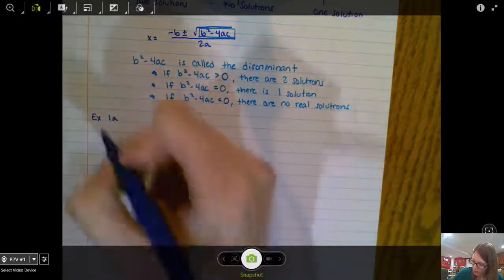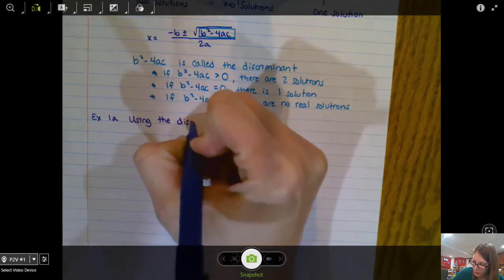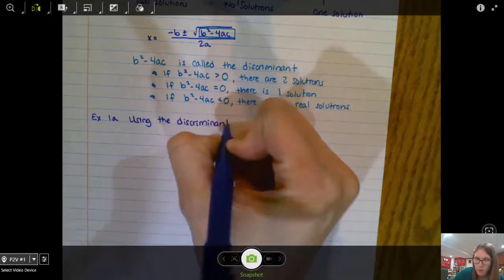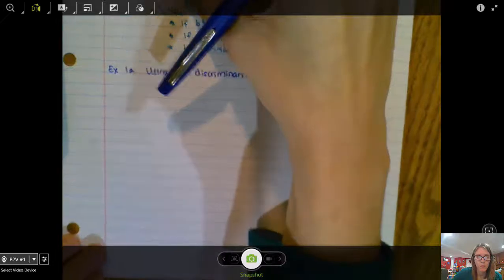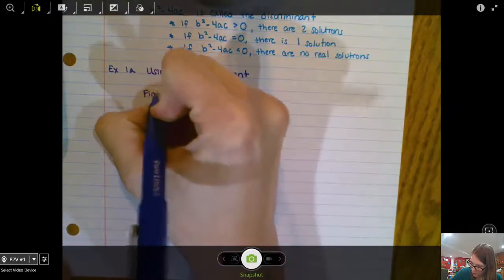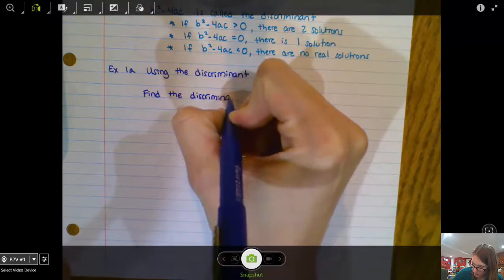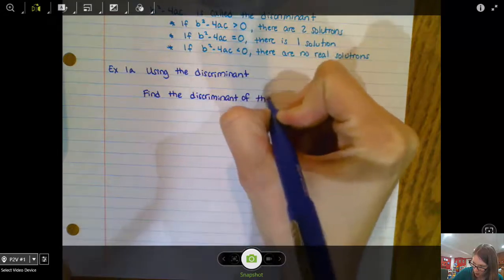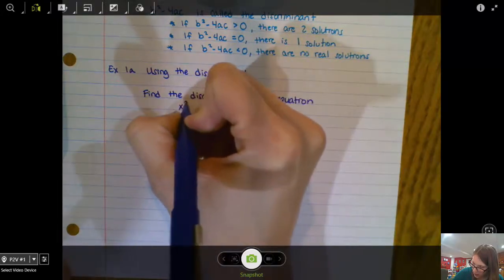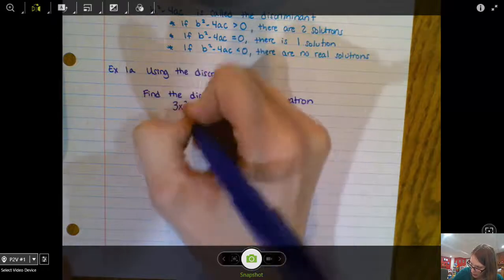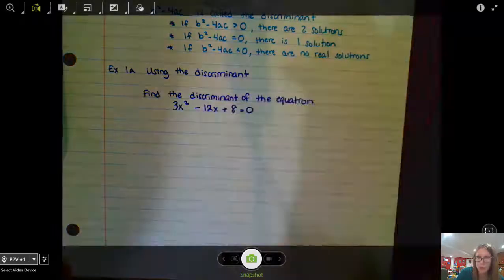In example 1a, using the discriminant. In this problem, we are going to find the discriminant of the equation 3x squared minus 12x plus 8 equals 0.